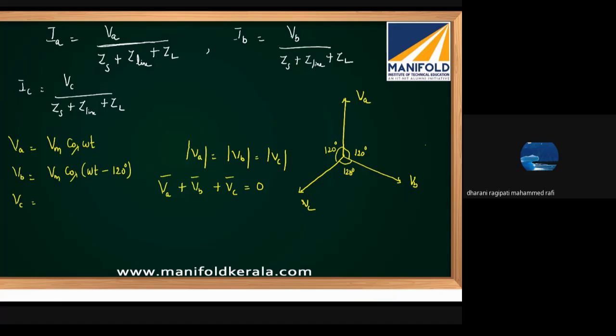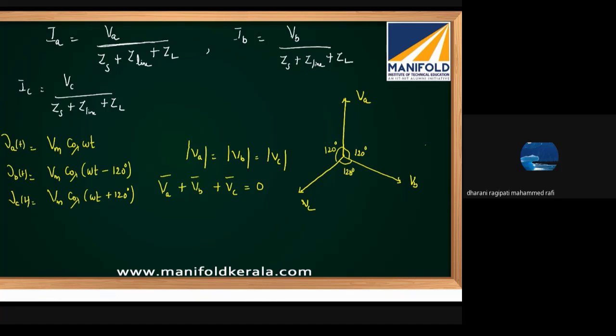And similarly, VC will become Vm cos of omega t minus 240, because VC lags VA by 240 degrees, or equivalently the C phase voltage leads A phase voltage by 120 degrees, so I'll write plus 120 degrees. If you add these three balanced voltages in time domain, note that whenever we are writing time domain, we have to use the small letter symbols, va, vb, vc. By default, they are all functions of time.